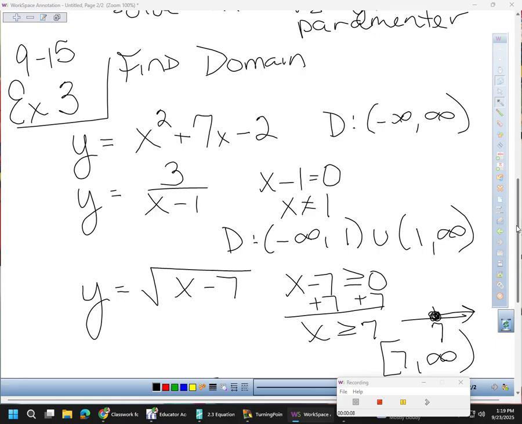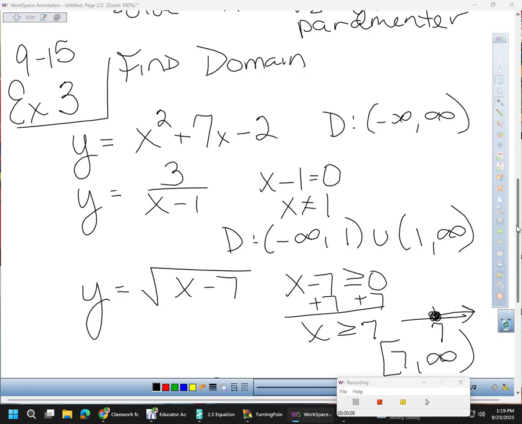All right, so just to kind of reiterate here. In the first one, when we did this one, we said there was no x in the denominator and no x in a square root. So the domain was -infinity to +infinity. Number 2, we said there was an x in the denominator. So we set the denominator equal to 0 and solved it.